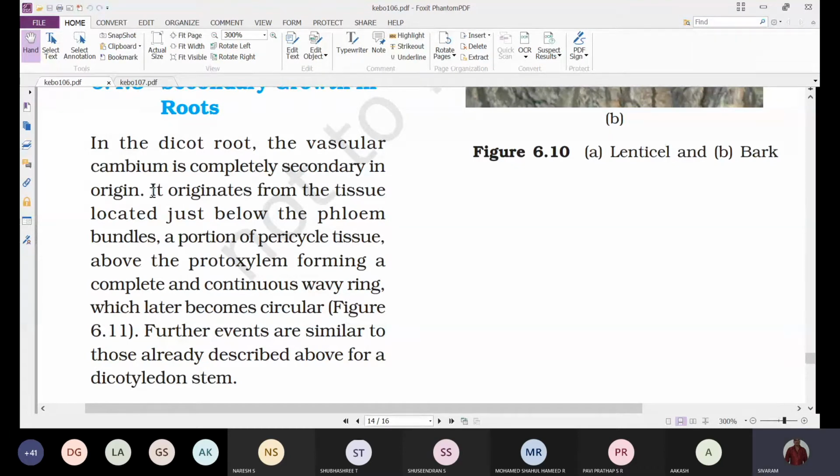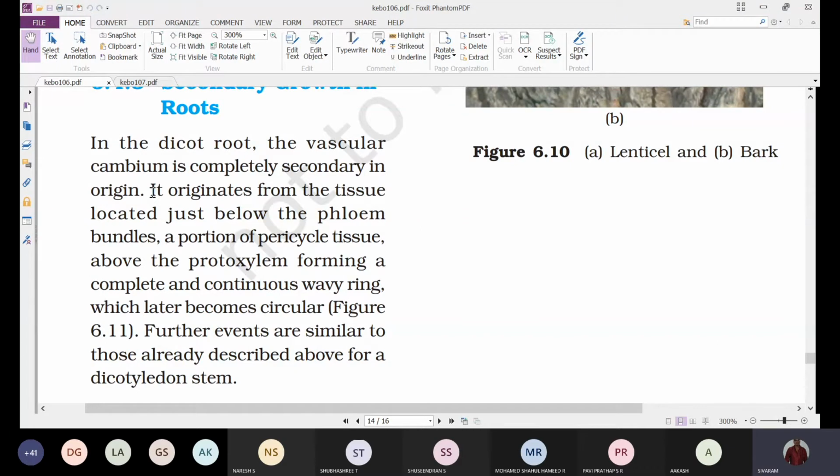From the primary meristem we observe the intrafascicular cambium, but the interfascicular cambium is developed from the secondary meristem. So the secondary growth in dicotyledonous stems occurs by the combination of primary meristem as well as secondary meristem. Both together help in the formation of secondary tissues and thereby secondary growth.